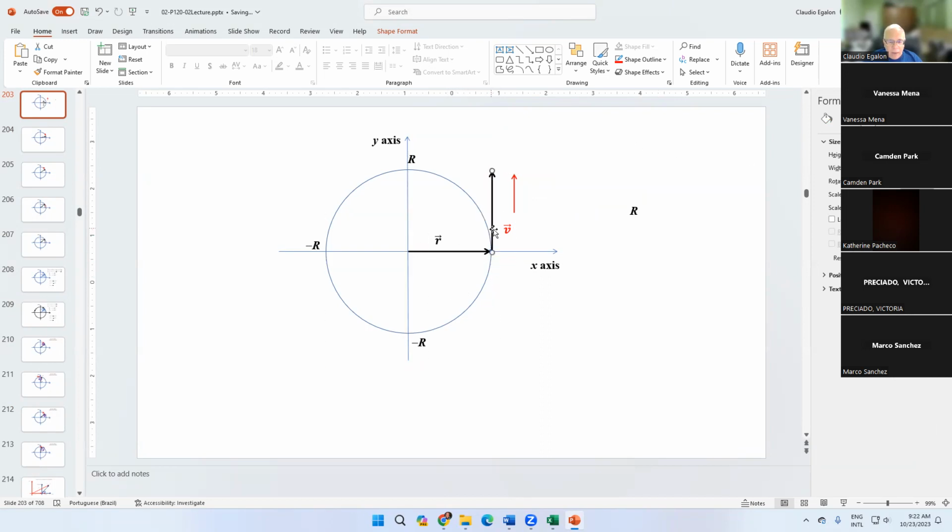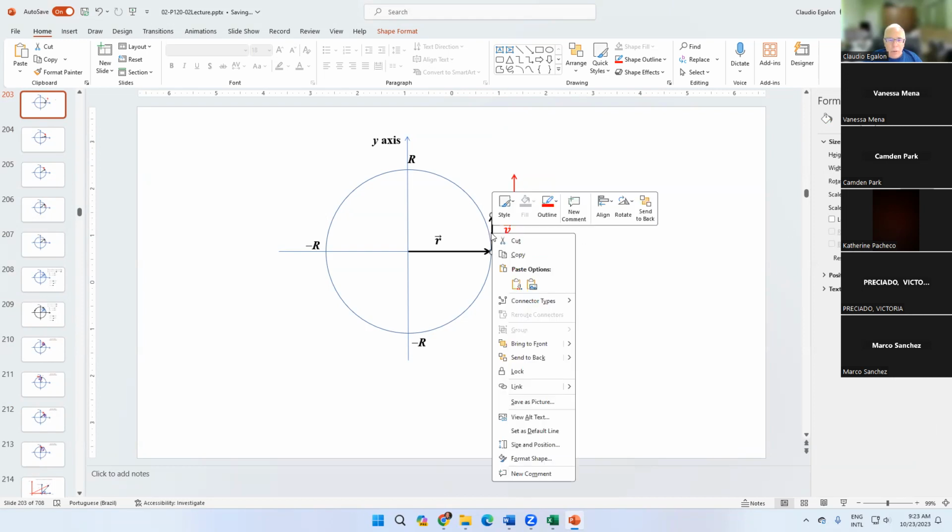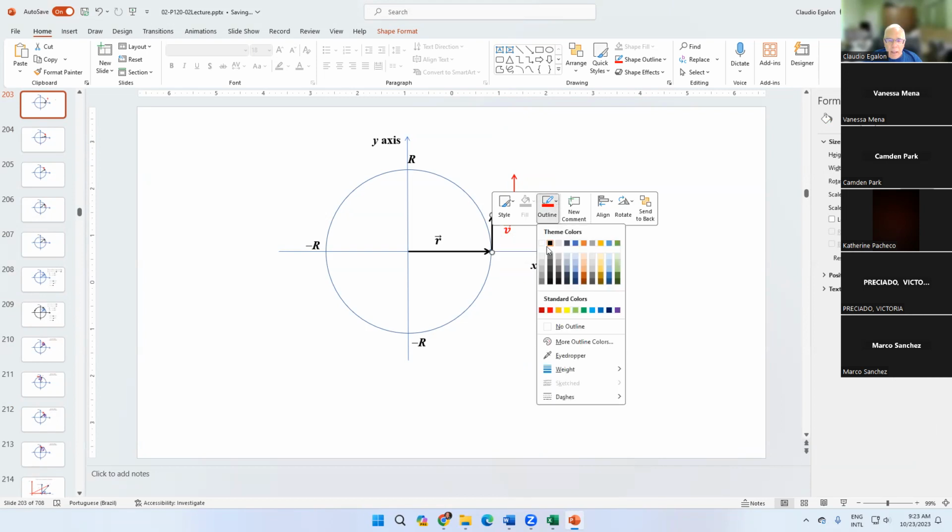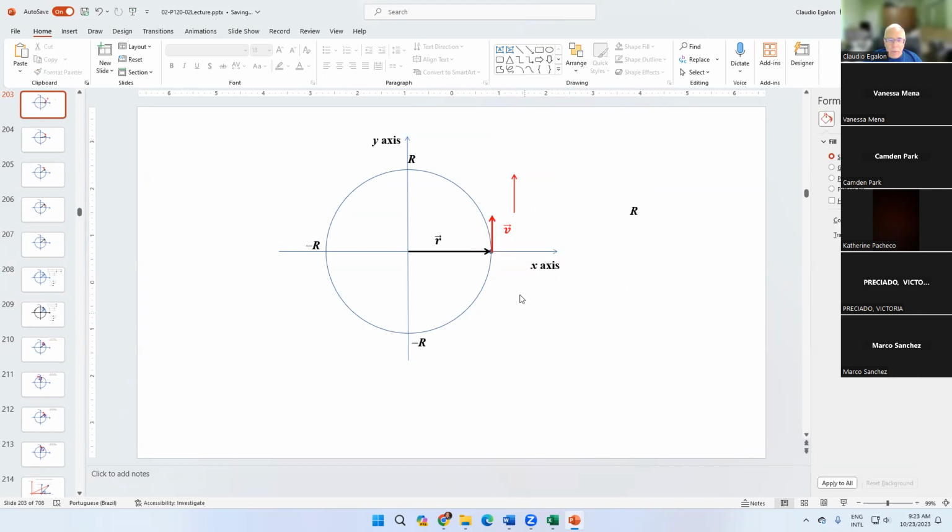Now I can rest assured that this vector is making an angle of 90 degrees with the radial direction. And I'm gonna move it a little bit here, right?